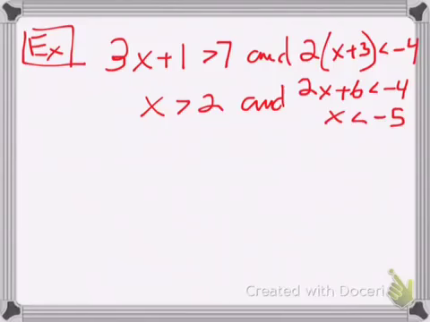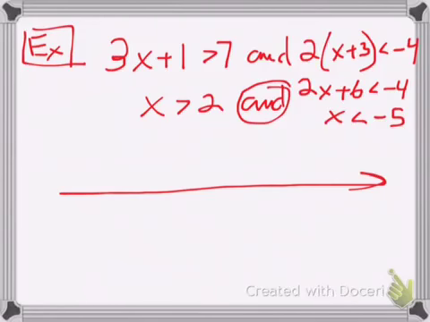Now, what are you going to be tempted to do here? Because it's an "and" problem, you're kind of looking at this. Oh, what do we do with "and" problems? You usually just shade in between the two numbers, right? But what are we looking for with "and"? We're looking for crossover. All right, so we're going to graph these. Be very careful, not going to make any assumptions. Greater than 2 shades that direction.